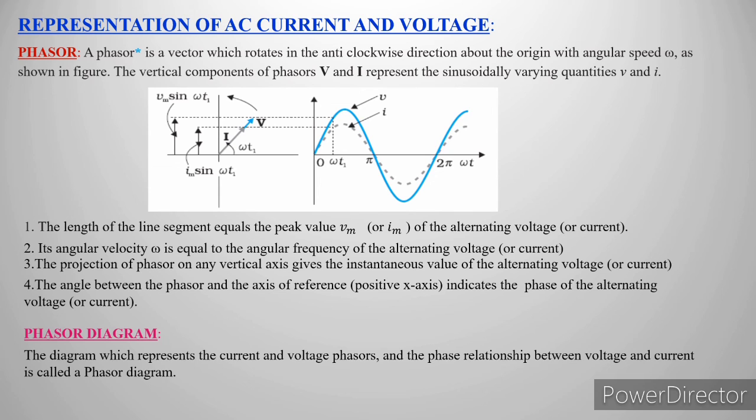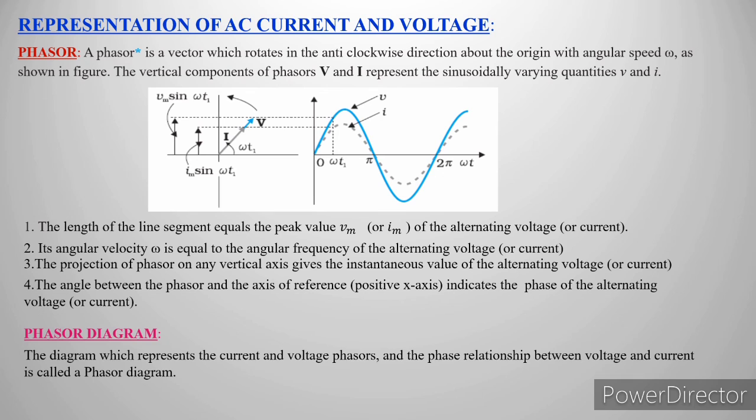So we must understand that as the vector rotates about the x-axis in the anticlockwise direction, its projection on the y-axis, that is equal to the height of the vector, varies from 0 to maximum, maximum to 0, 0 to negative maximum to 0, and it continues simple harmonically in the form of a sine wave.